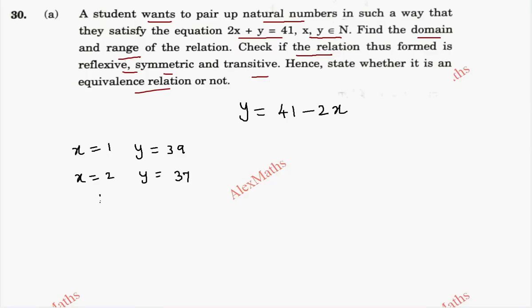So in the same way, if I keep putting the values, when x is 20, y will be 41 minus 2 into 20, which is 1. I cannot put more than 20 because y will become negative. It is given x and y belong to the natural numbers.